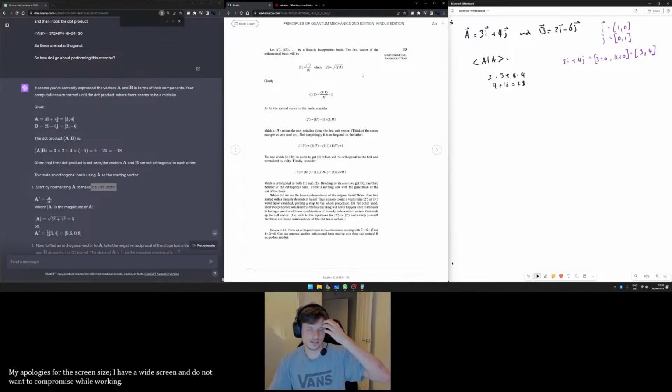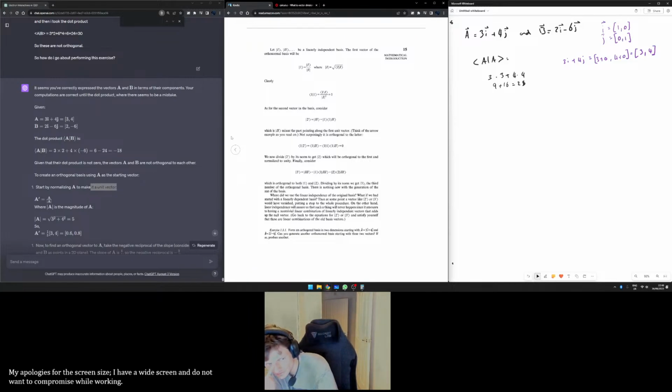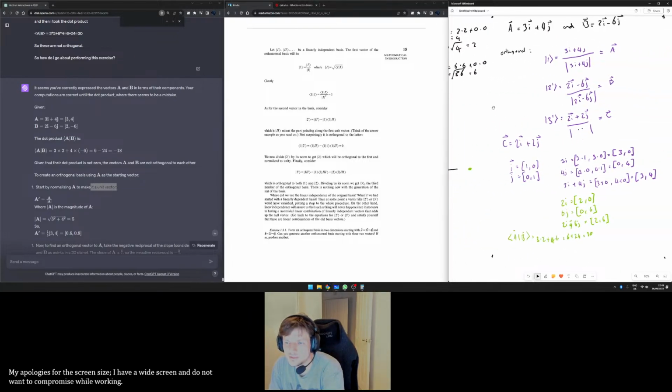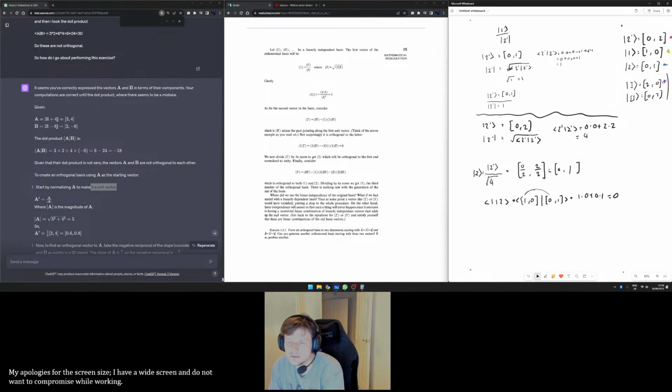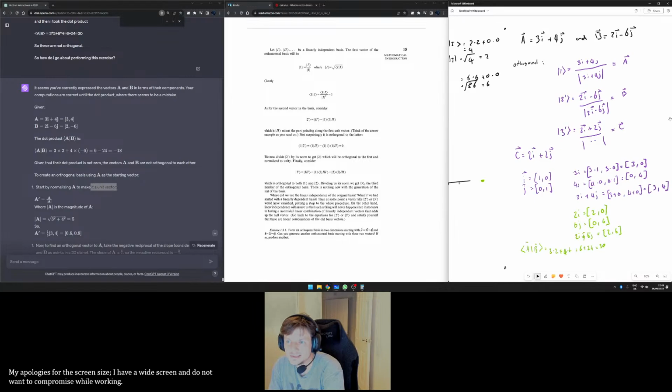So, given that, let's see this. It says start by normalizing A, and I want to normalize A. And to normalize A, what did we do?